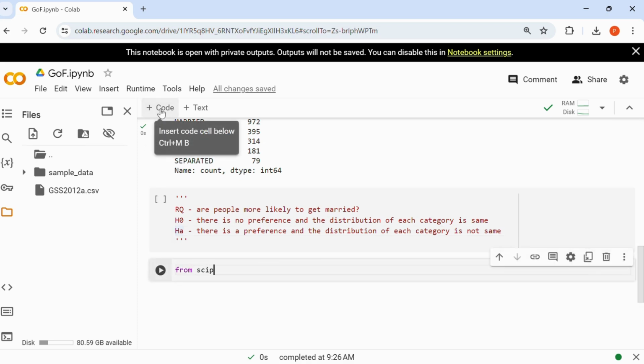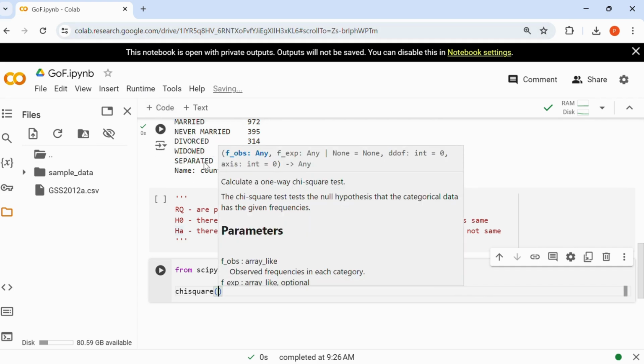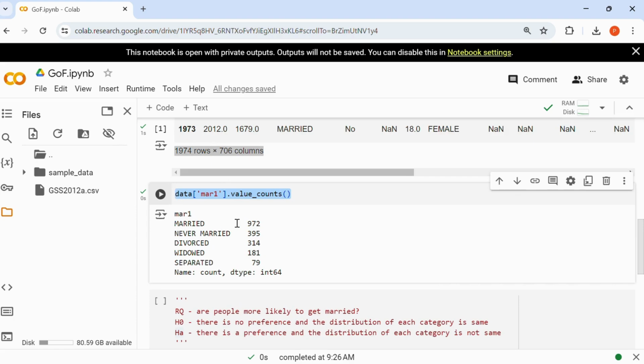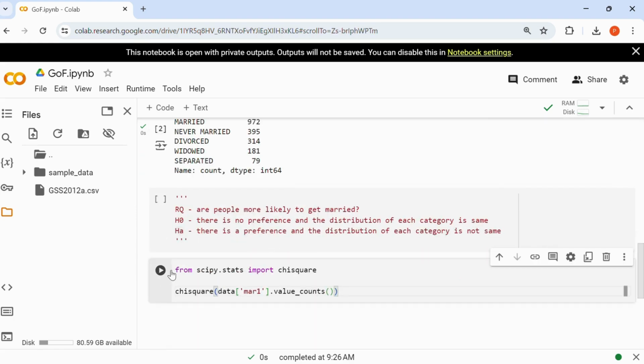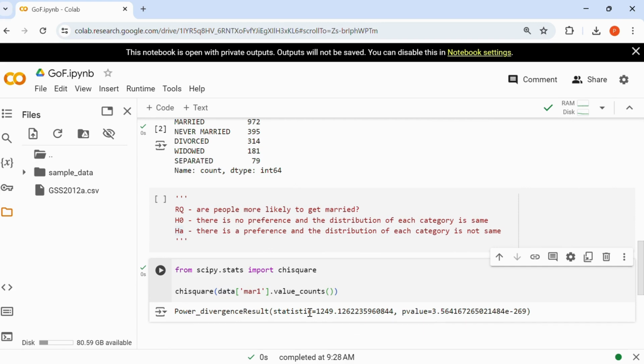And now to apply the chi-square from the SciPy library, I will pass my table into chi-square, which will generate the p value, which is the probability, and the chi-square statistic.